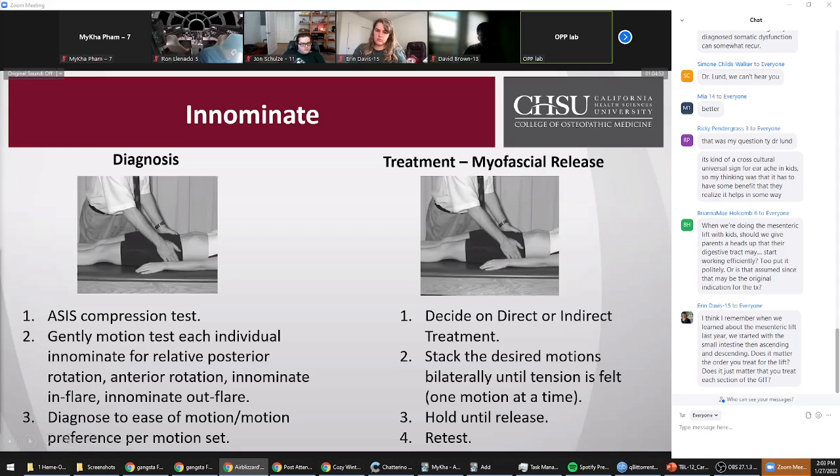I'm going to add something verbally just to respond to a chat question. It's easier than typing it out. There's different literature with the mesenteric lift on whether you should start at the small intestines, move to the ascending, then the transverse, then the descending and sigmoid, or start at sigmoid and work your way back up toward the small intestines. Usually you should go in one order or the other order rather than starting in the middle and moving all around, okay?